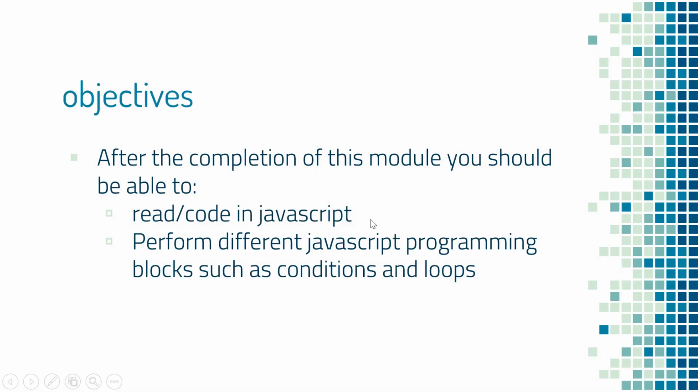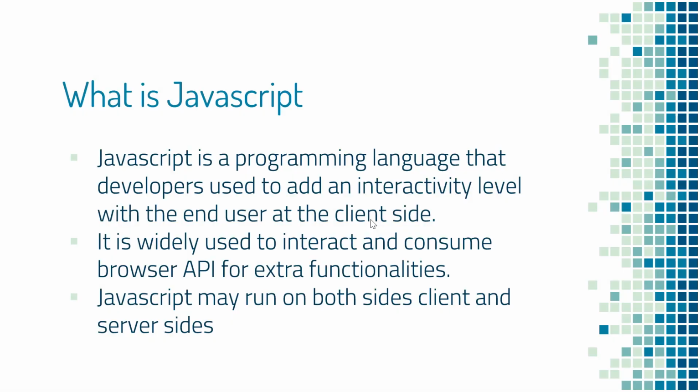So the objectives for this course, I'm not going to go into too much detail, but I'm going to give you all the skills that you need to be able at least to read and write simple code in JavaScript, and to be able to perform different JavaScript programming blocks such as conditions, loops, variables, all this stuff. You have to be able to understand it, especially when you want to work with, let's say, back end, front end. You have to be able to understand how all these things work together.